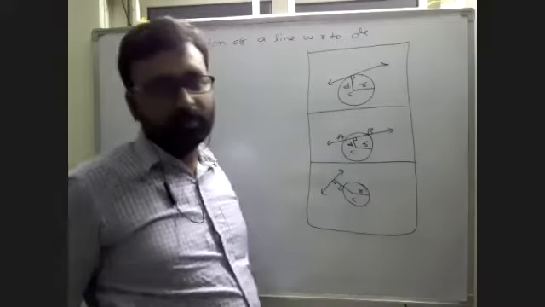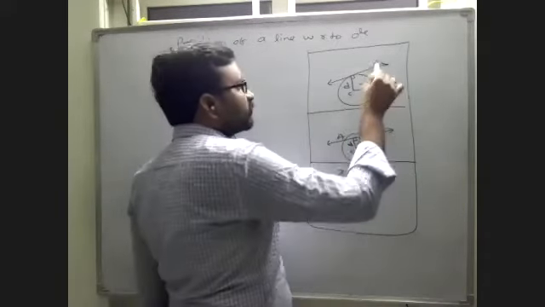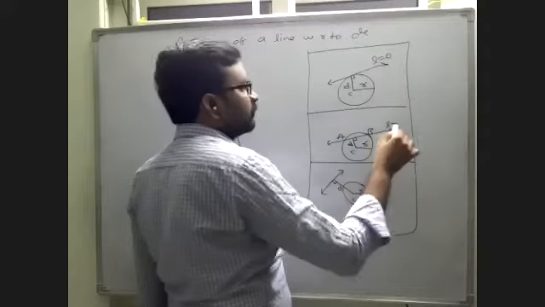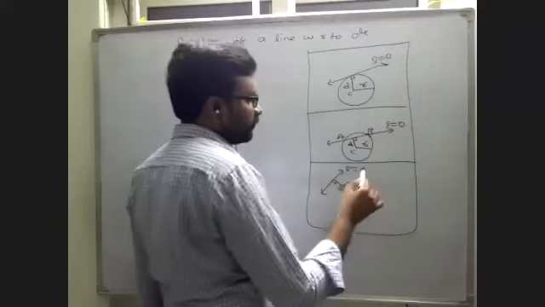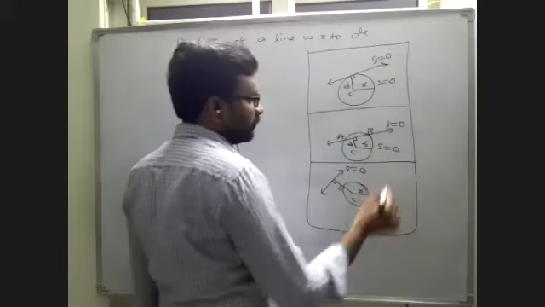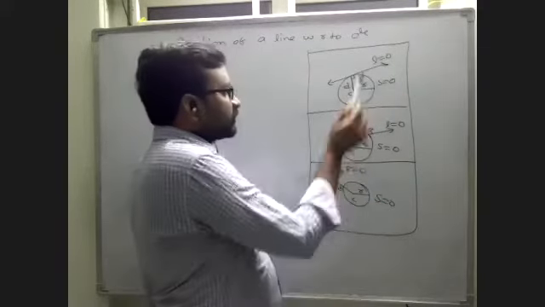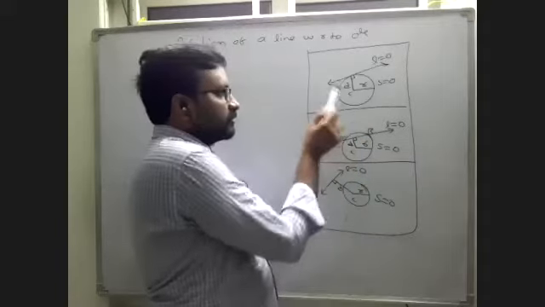So in these three types, if a line L equal to 0 and the circle S equal to 0, if a line touches the circle, then this is the diagram.